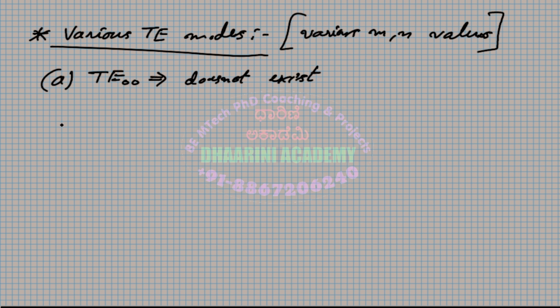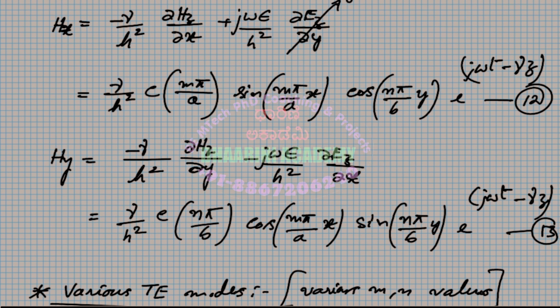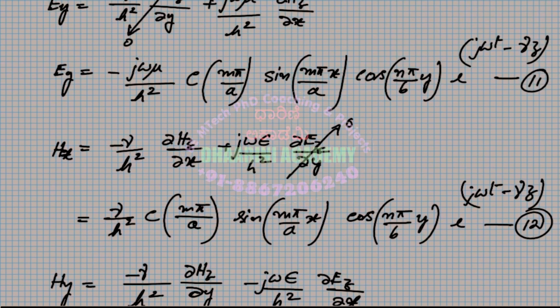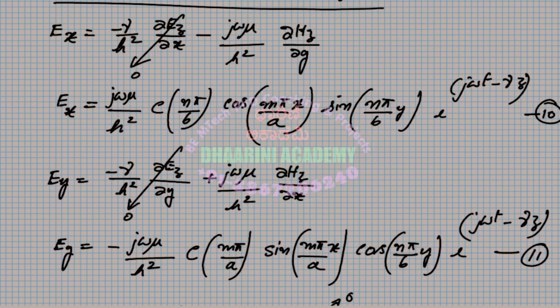Let's move further. Part B, my question is, check whether the TE01 mode exists or not. It means m is equal to 0, n is equal to 1. Let me show you the equation. So n is 1, so I think Hy will exist. And which is the other term that exists? Can you check once? What about Ey?